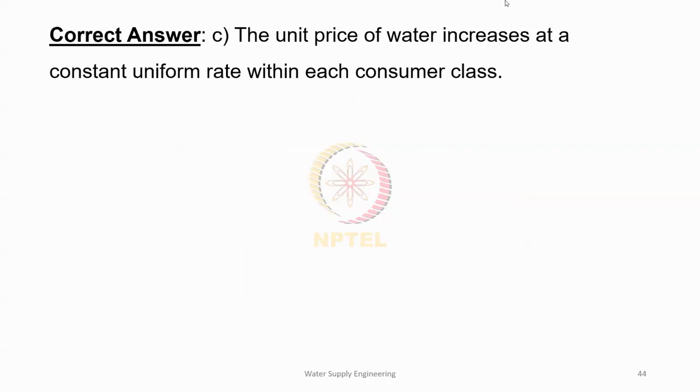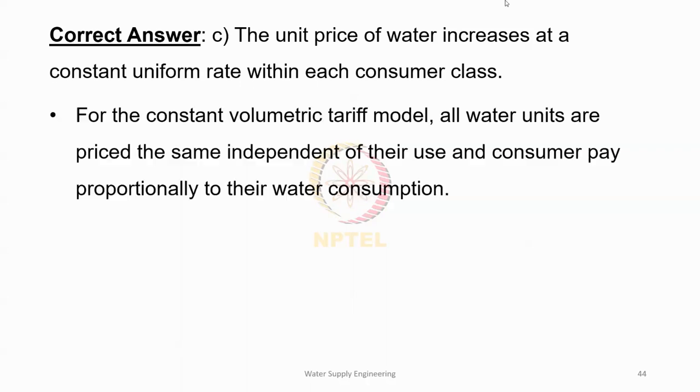So which all are false regarding constant volumetric tariff model? So the correct answer is option C. The unit price of water increases at a constant uniform rate within each consumer class. So that is the false statement. So for the constant volumetric tariff model, for all the consumer class, it will be the same.